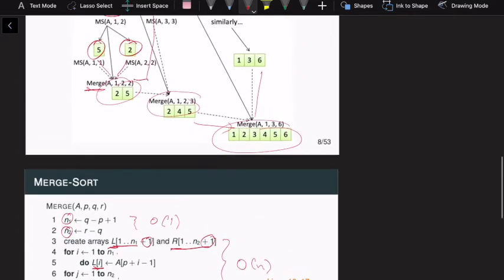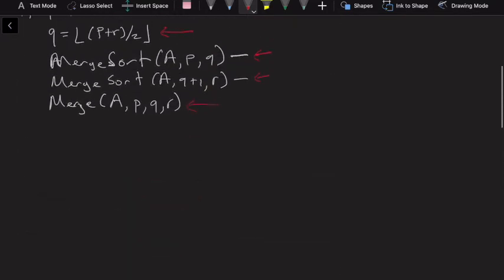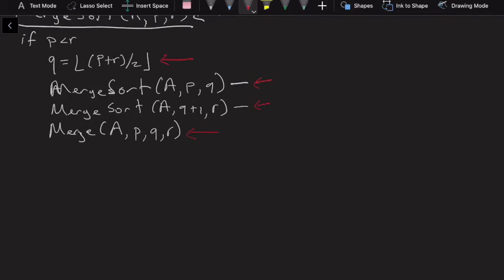Now the big question is, what we have is that this merge procedure takes order n. The big question is, how long does it take to run each one of the merge sorts?